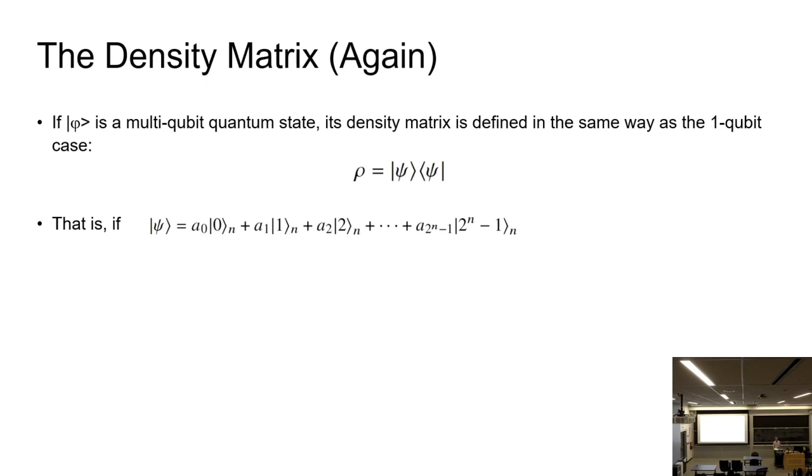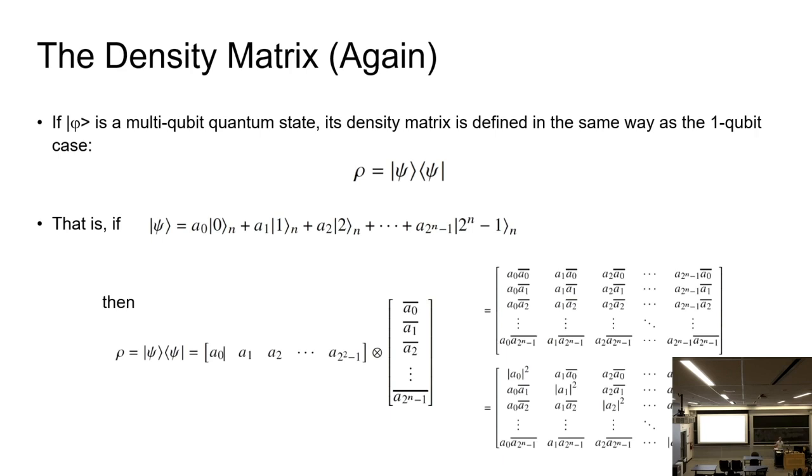And so if we have this multi-qubit quantum state defined as psi is A0, 0n plus A1, 1n, etc., then the density matrix is the outer product. So it's the vector times its adjoint, just like before. So nothing has changed with the density matrix.